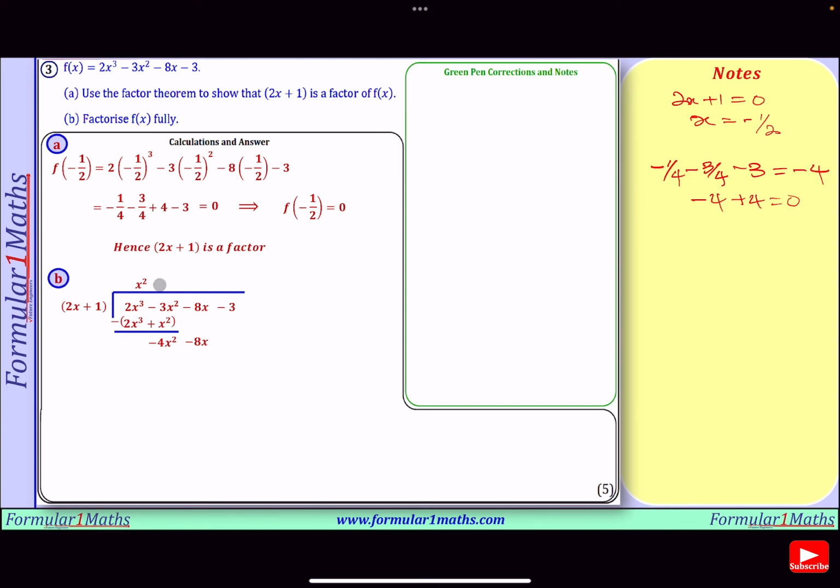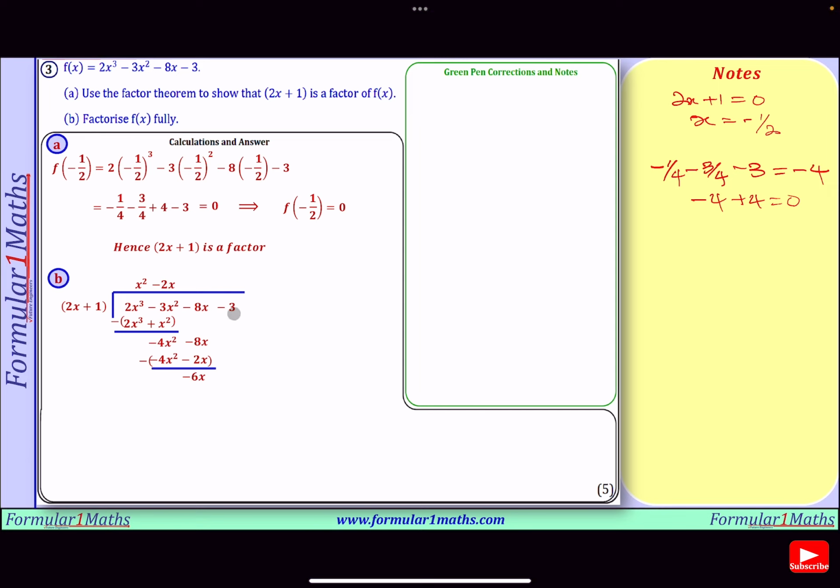Then I find a value here, which will multiply by 2x to give minus 4x squared. And that will be minus 2x. So I do my multiplication again. Minus 2x times 2x is minus 4x squared. And minus 2x times 1 is minus 2x. So I get this. And I do my subtraction again. And I'll get minus 6x.